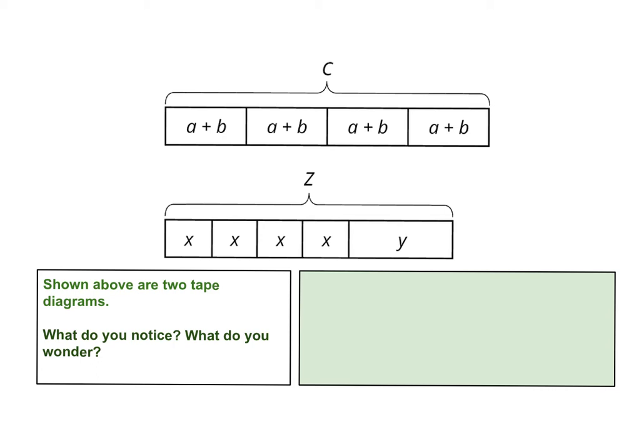We were asked what we noticed, what did we wonder, and the most common thing that people noticed was that it was only variables being used, right? No numbers, only variables, and that there were parts being combined to make a whole.